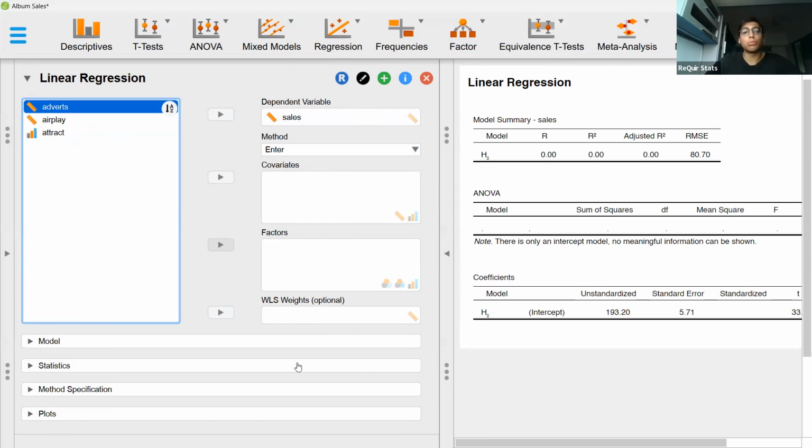I'm not going to go into what is weighted regression. I'll just explain the covariates and the factors boxes. So the covariates box includes scale variables, also known as continuous variables or ordinal variables, so both numerical types of data. And factors contain variables which are nominal or categorical.